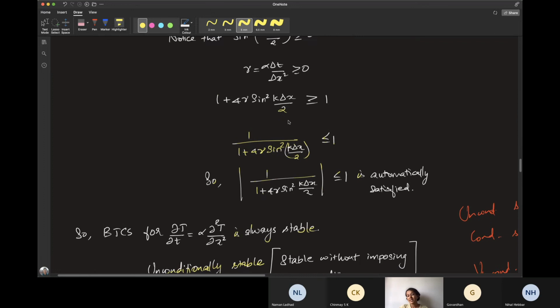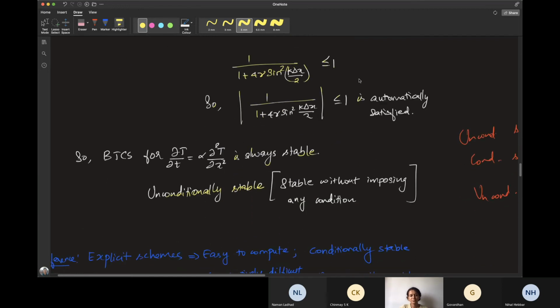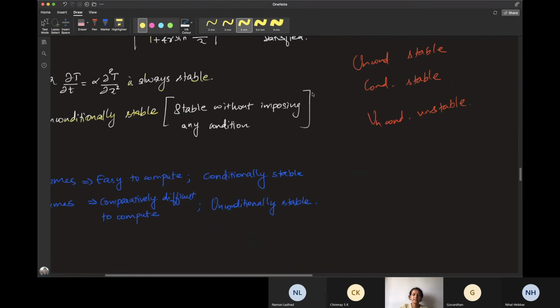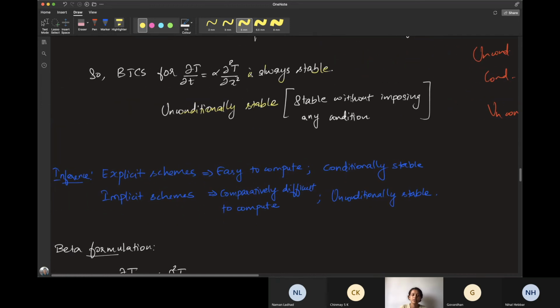So you cannot impose any conditions to make it less than or equal to 1. So that is the case when you say that your scheme is always unstable. So these are the 3 different things that will occur when you do a stability study.